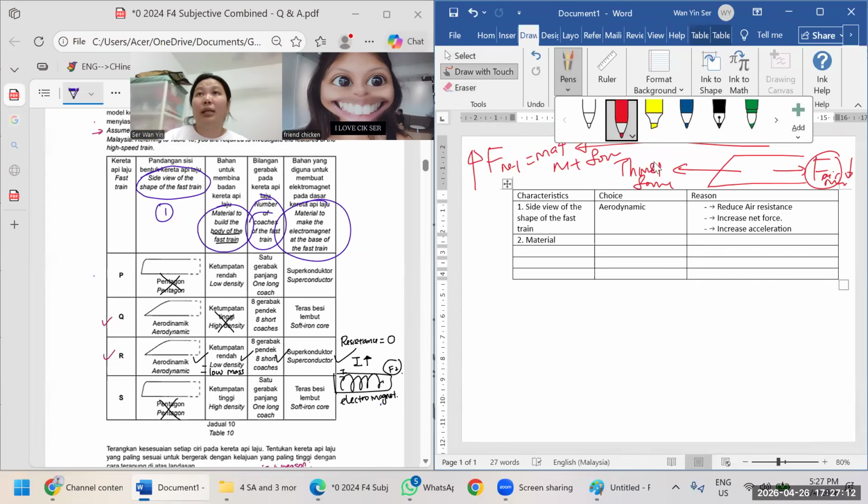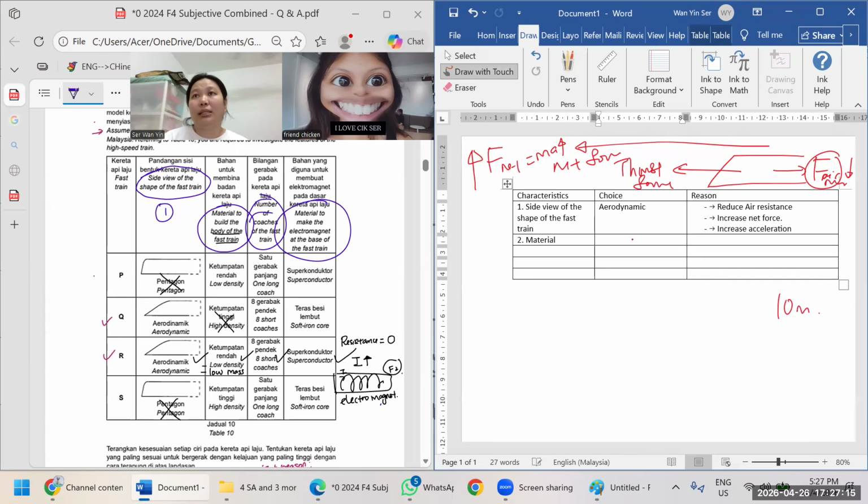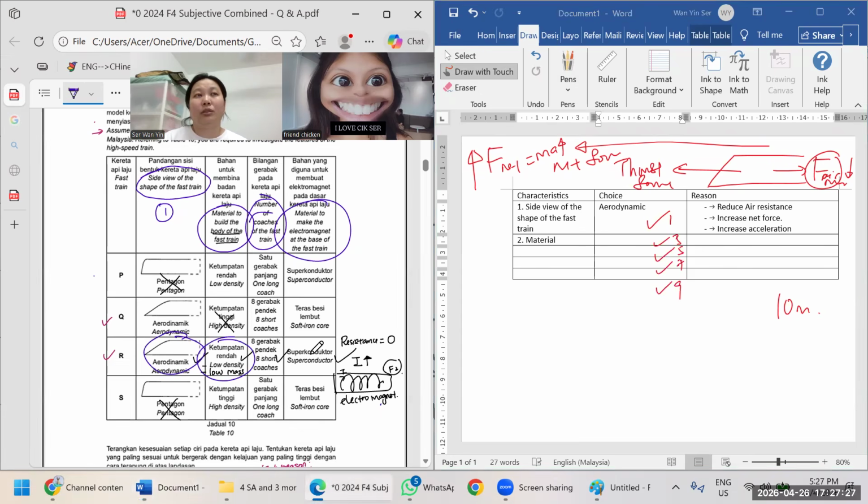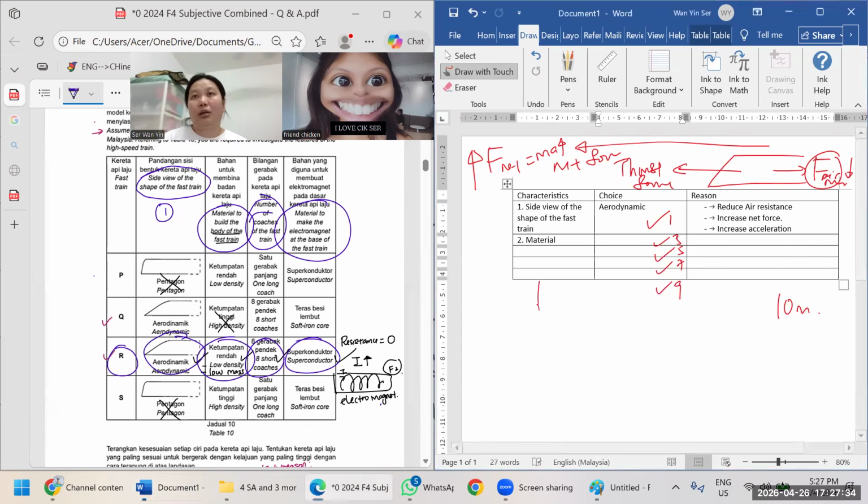Now, normally how teachers mark the 10 marks is like this: 1, 3, 5, 7, 9. 1, 3, 5, 7 are the choice. Then 9 is your choice R. You must write R, without R, without 1. Then what are 2, 4, 6, 8?